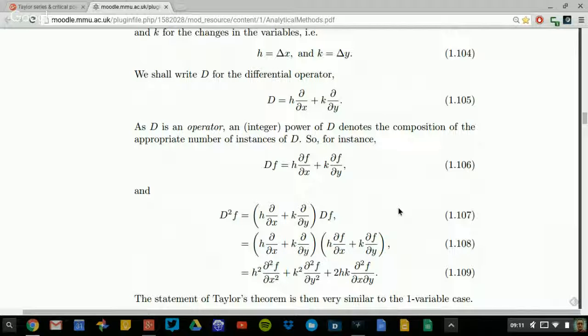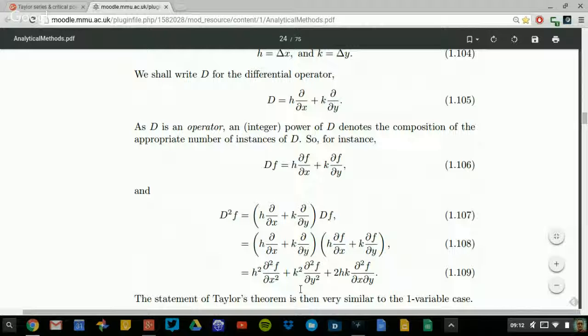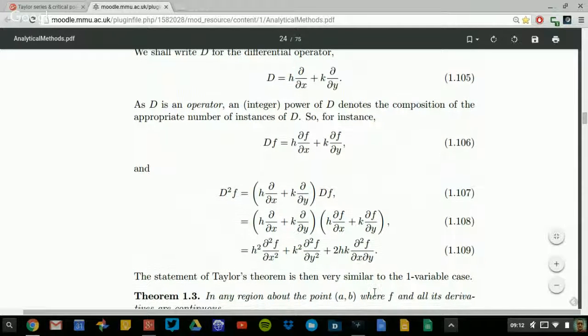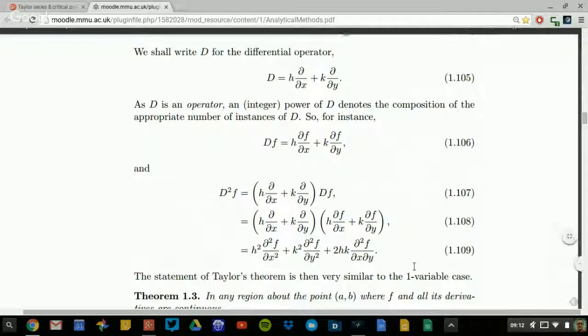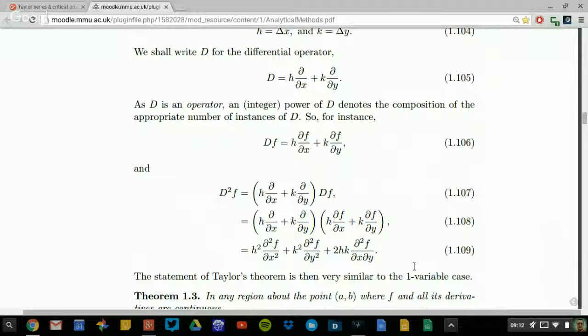Which leads you to this combination of second order partial derivatives. So you pick up an h squared ∂²f/∂x², a k squared ∂²f/∂y², and 2hk times ∂²f/∂x∂y, the mixed second order partial derivative there at the end. And in turn, you could talk about D cubed of f, D to the power of 4 of f. These are the iterates, if you like, of D, D composed with itself applied to a single function at the start.